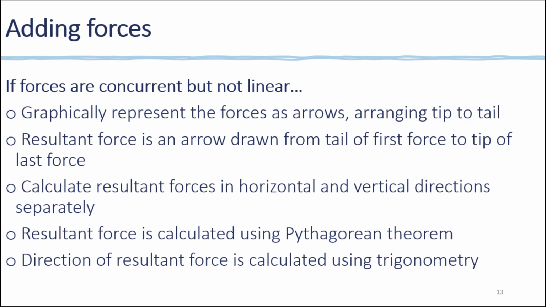And alternatively, if the forces are directed only horizontally or vertically, then we can mathematically just add up all of the horizontal forces to determine the resultant horizontal force, and then add up all the vertical forces to determine the resultant vertical force. Also, the size of the resultant of these two forces can be determined using the Pythagorean theorem, and then its direction can be determined using trigonometry.